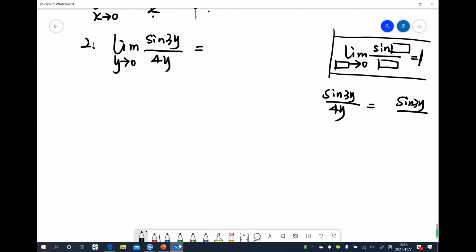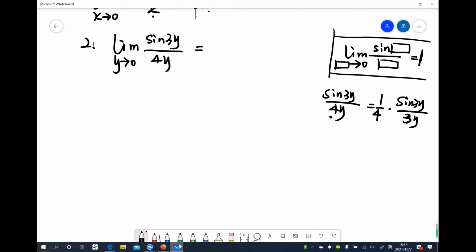So please think about it. How will I write the denominator? Here, I want 3y here, right? But here, that is 4. That means 1 by 4, right? And I write 3y here.